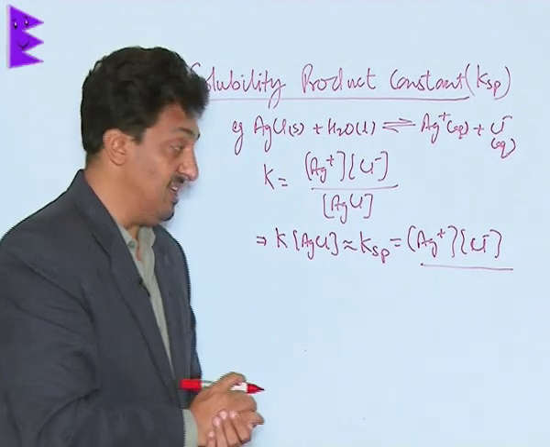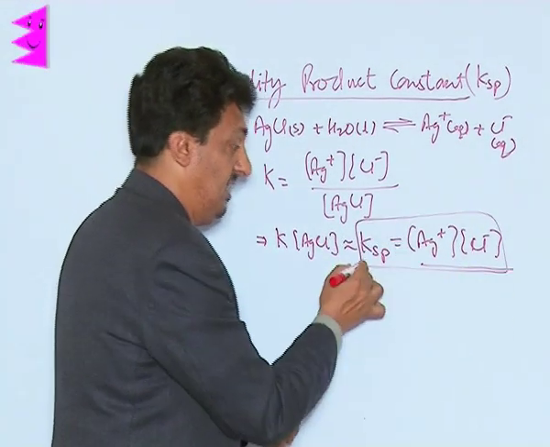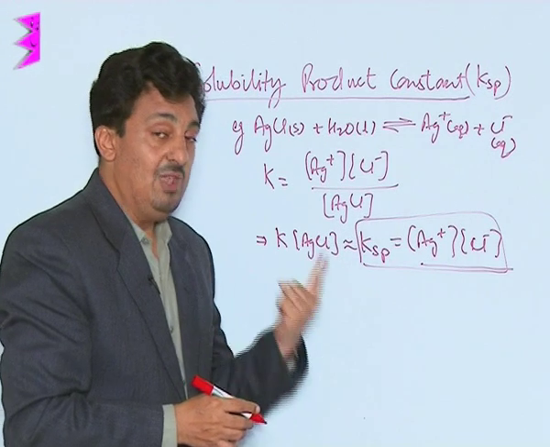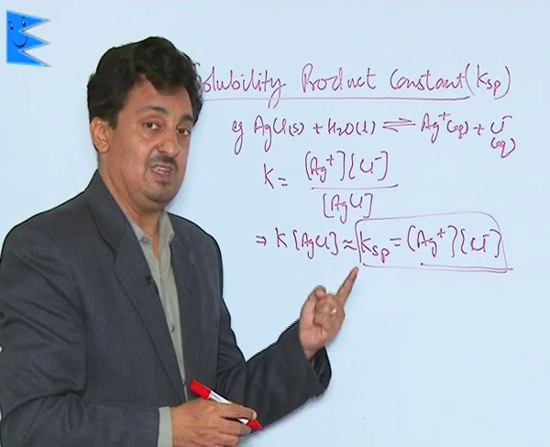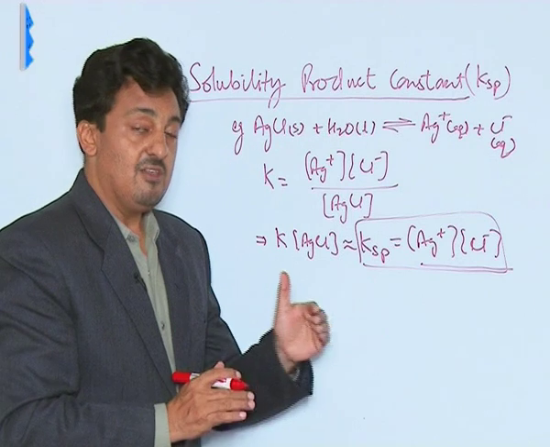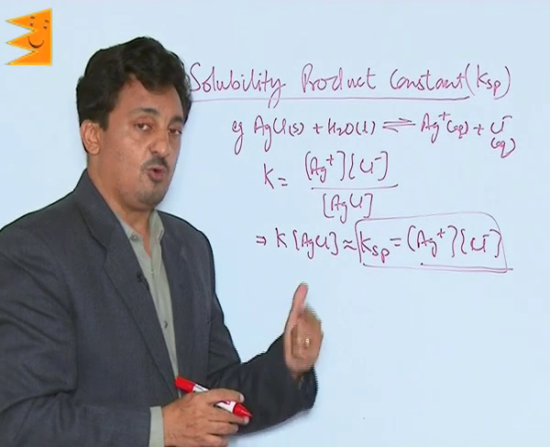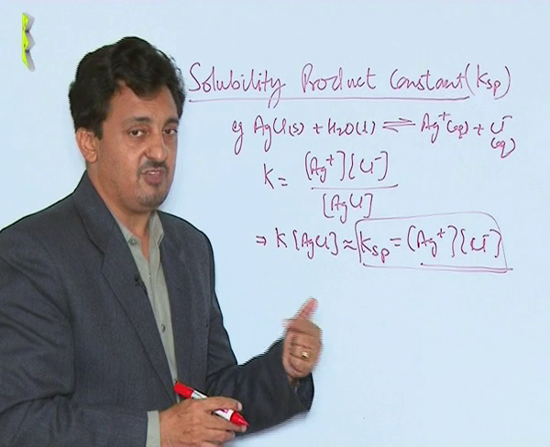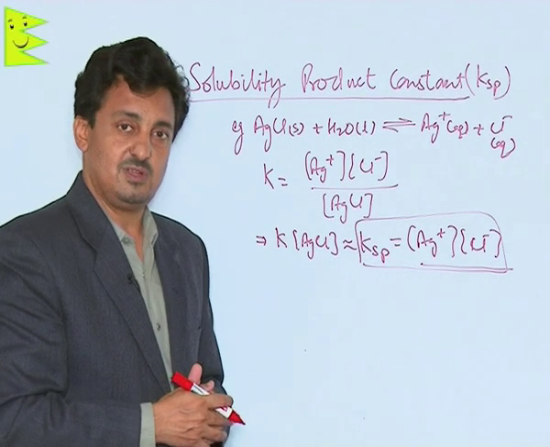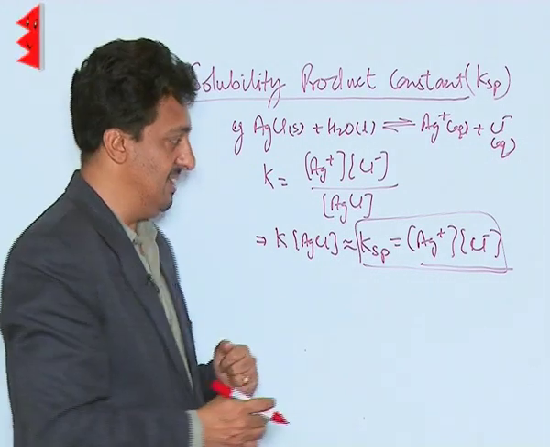So what is KSP? From this expression, it is the product of the molar concentrations of the respective ions of the salt raised to the power of their coefficients, or the number of ions obtained from one molecule of the salt. Let me repeat it again.